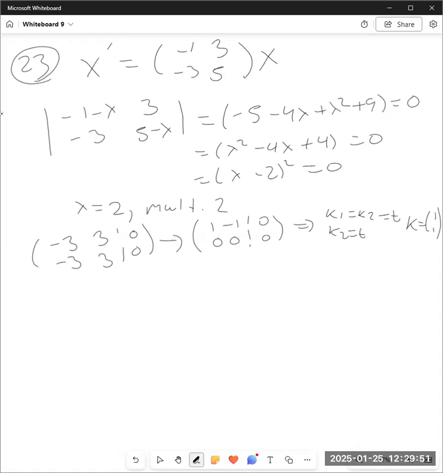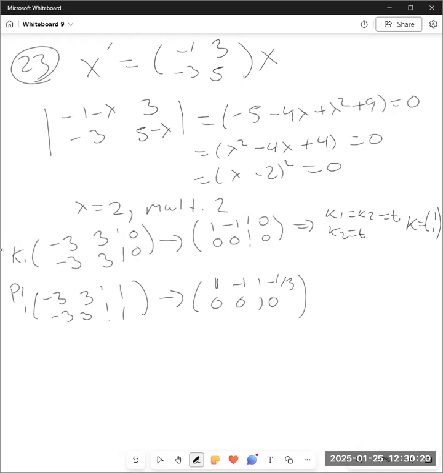So now I need to solve for P since there's a multiplicity of 2. This is to solve for K, this is to solve for P: -3, 3, -3, 3, 1, 1. And so again, I'm going to get a row of zeros down here. But this is going to be 1, -1, -1/3 this time.